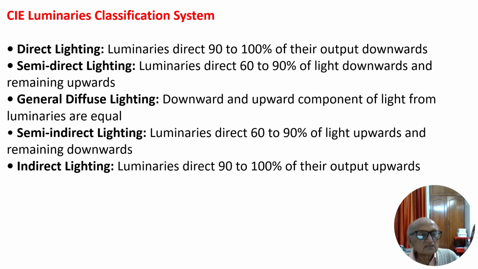Third, general diffuse lighting: downward and upward components of light from luminaires are equal. Semi-indirect light fittings: luminaires that direct 60 to 90% of light upward and the remaining downward. Then indirect lighting: luminaires direct 90 to 100% of their output upward.